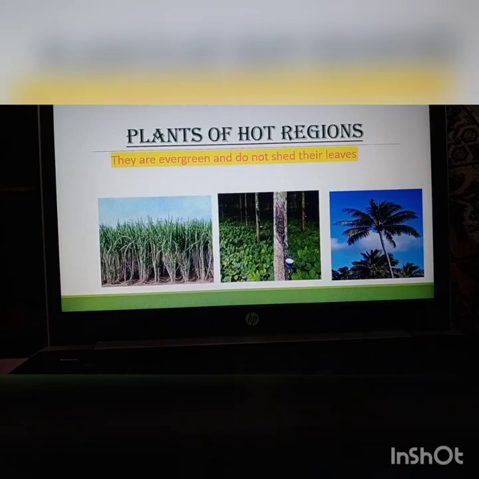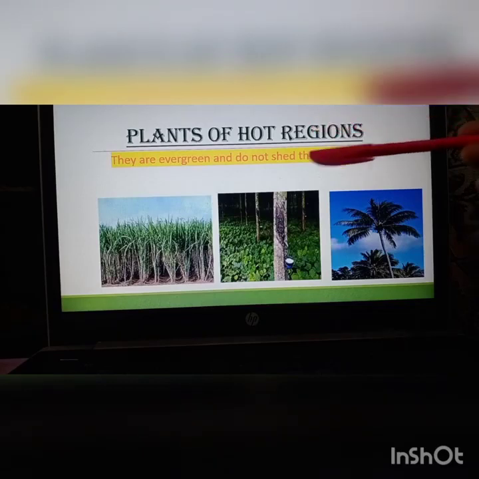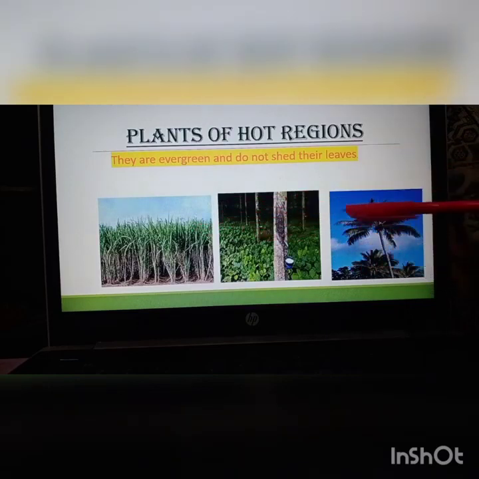Coffee bushes need hot and humid temperature, meaning warm and moderate temperature, neither too hot nor too cold, not too much rainfall, not too little rainfall. That area is called a hot region, and these types of plants grow in such an area.